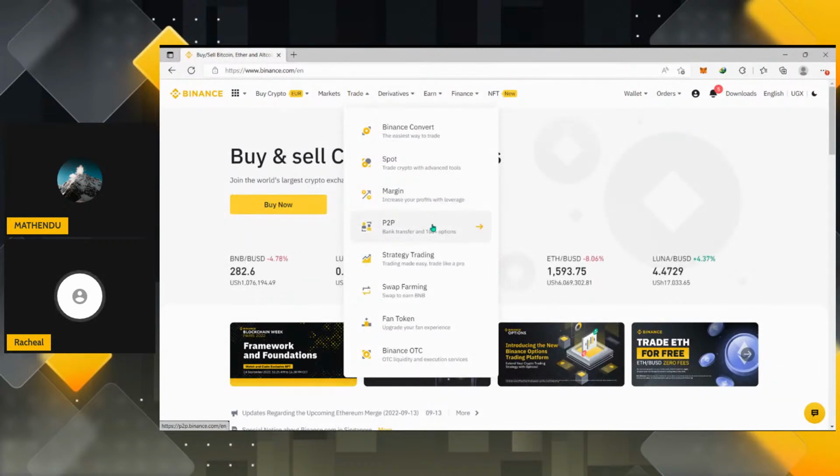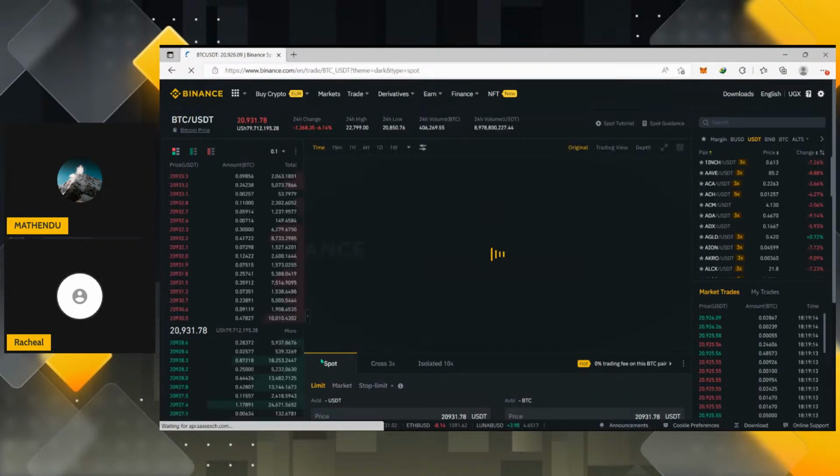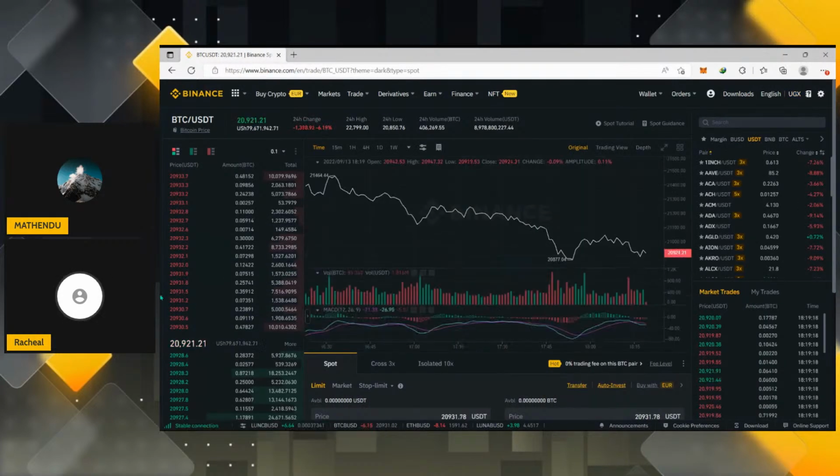We have margin and P2P, which we've already covered, and margin will be covered at a later time. So we go to spot trading, and it basically looks like this. It's more simplified on the mobile version, which Mathendu will show us later on.